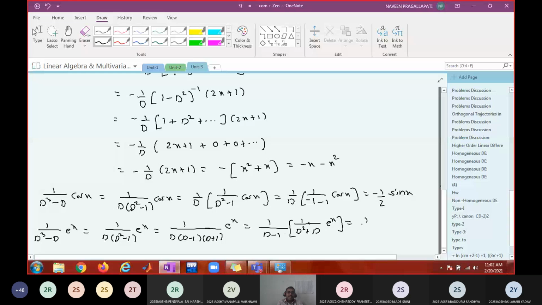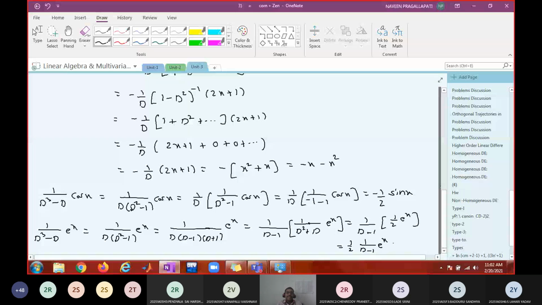This is 1 by D minus 1 of, substitute D with 1 in e power x: 1 by f of D e power x is 1 by f of a e power x if f of a is non-zero. So 1 plus 1 is 2. So 1 by 2 you take outside. 1 by D minus 1 of e power x.